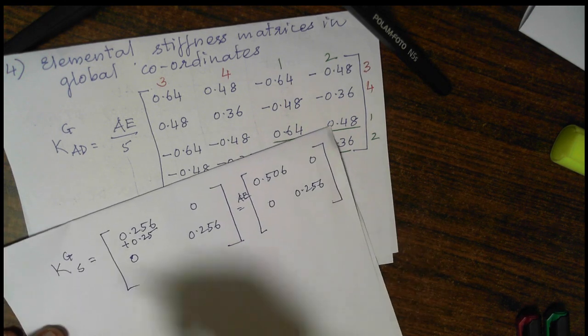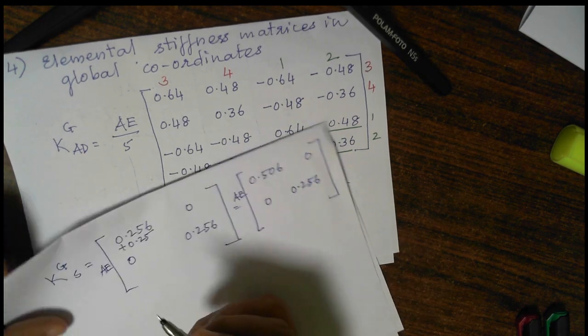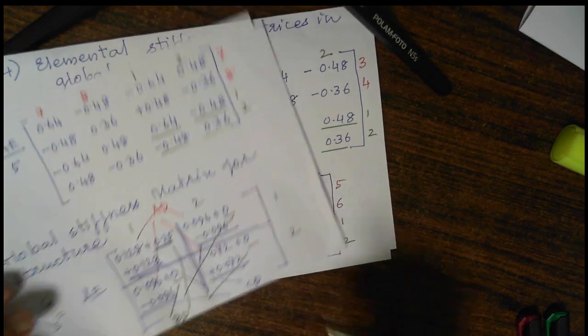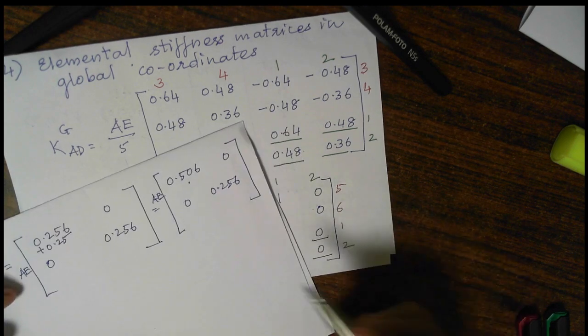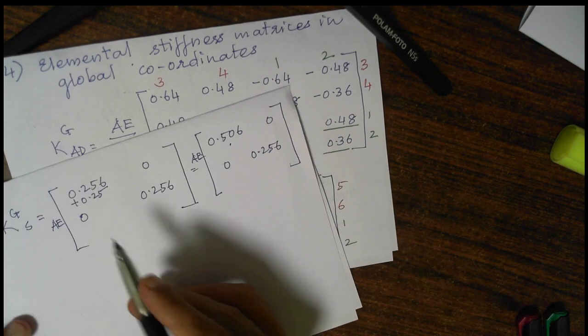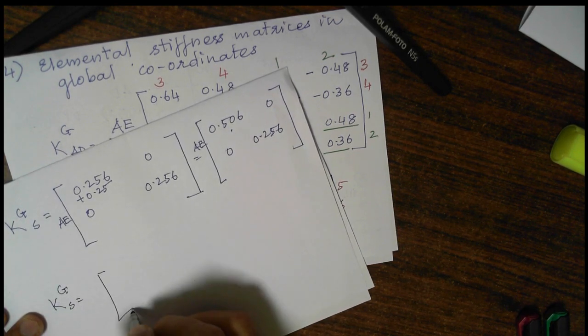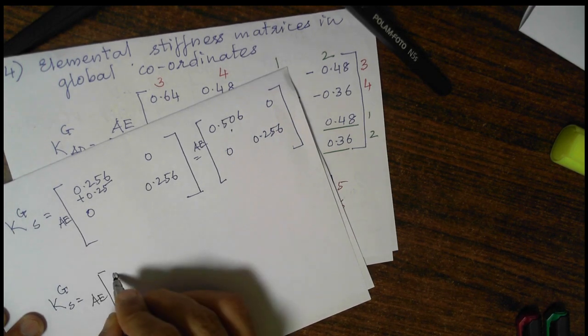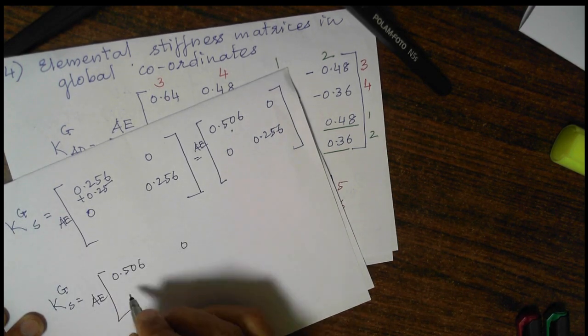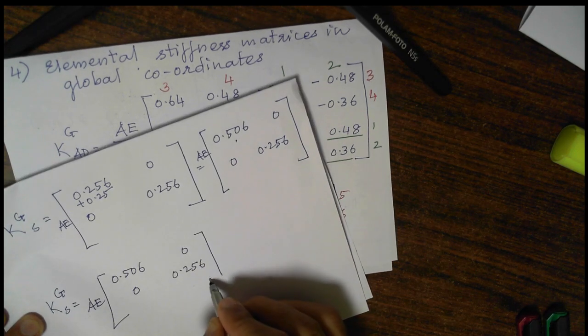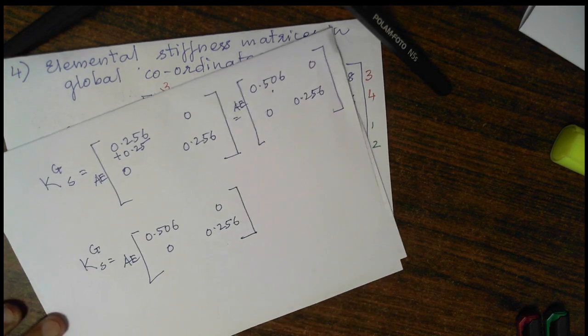Don't forget to write AE into the matrix. So my final global stiffness matrix for the structure comes out to be AE into 0.506, 0, 0, 0.256. This is my final global stiffness matrix for the structure.